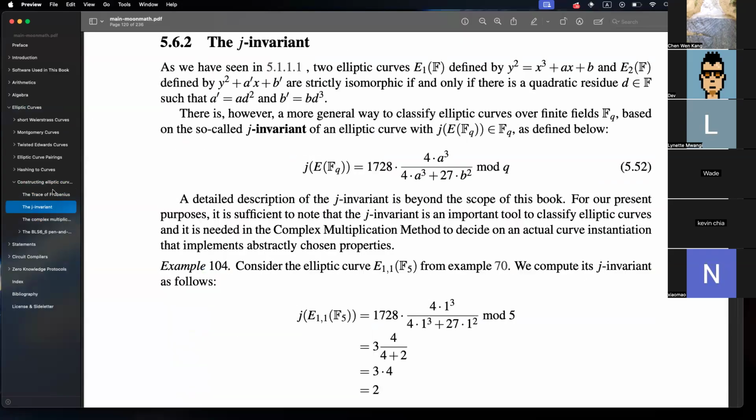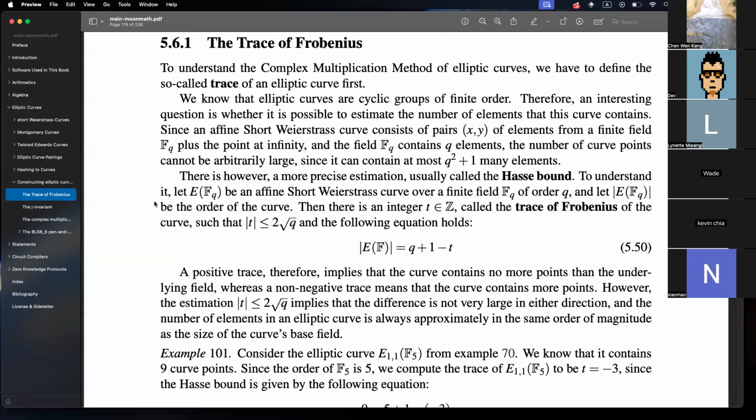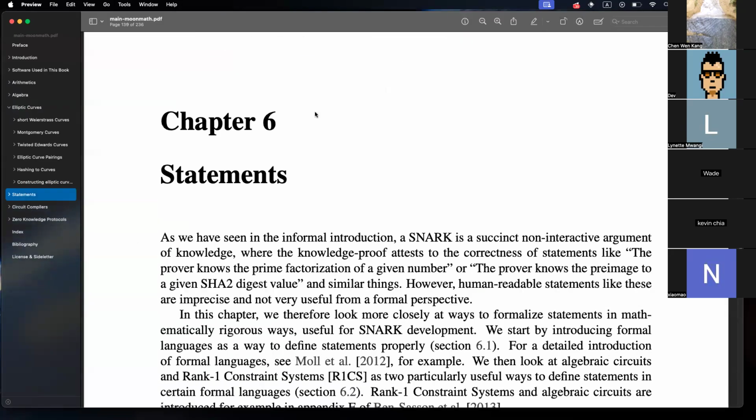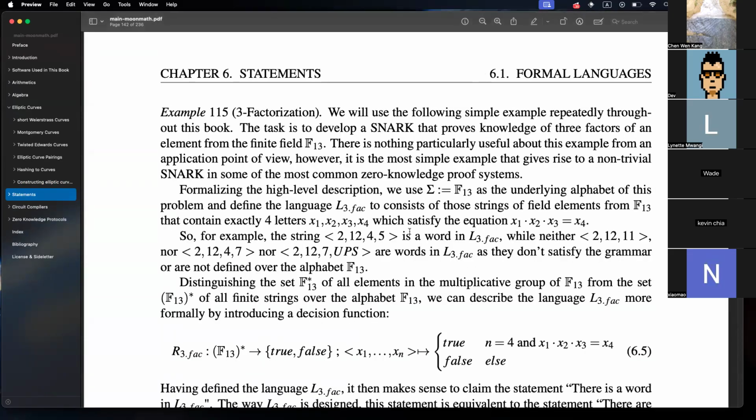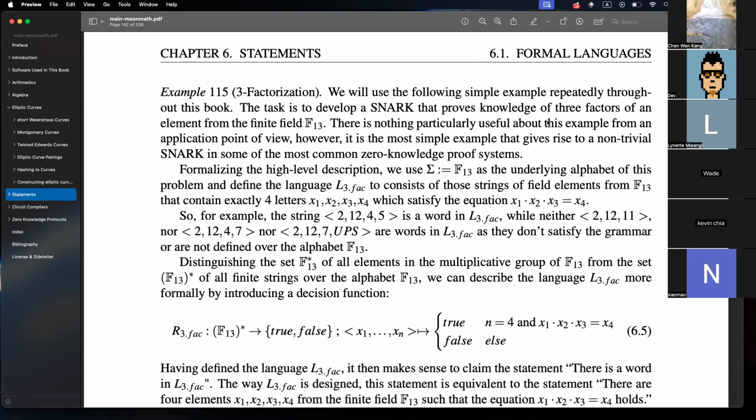I'll answer some of the questions you guys asked this week as well, and then we'll also cover chapter 6. So please go back, go through 5.6 and chapter 6, and we can have more discussion next week. Try to implement it in the language you choose and submit the PR to the repo. If you don't know what repo it is, I will share it again later in the group.